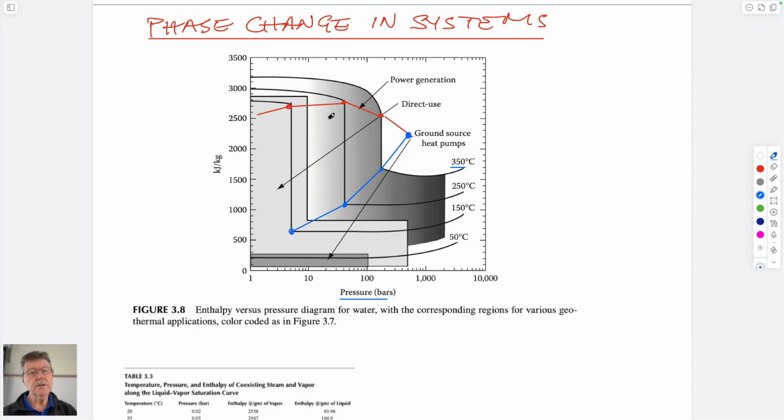I can't do it very well to turn it on its side, but this blue line would be, if I write in liquid, and I go off somewhere here, and if I write over here vapor. So this is pressure. This is increasing temperature, 50, 100, 150, 350. So you'd expect as you go up in temperature, the liquid water would turn to vapor at some stage. So these little kinks in the isotherms are phase changes within the system, going from vapor to liquid.